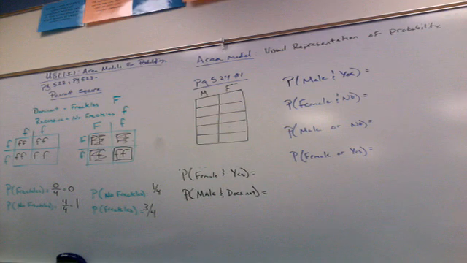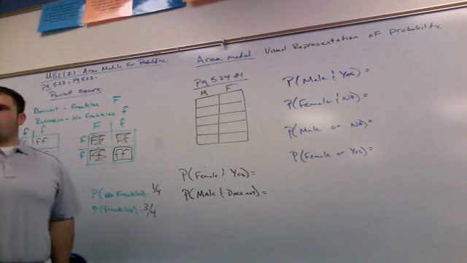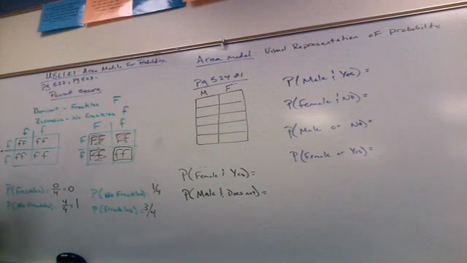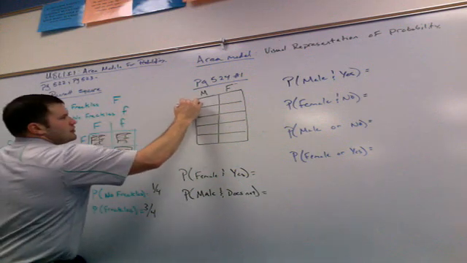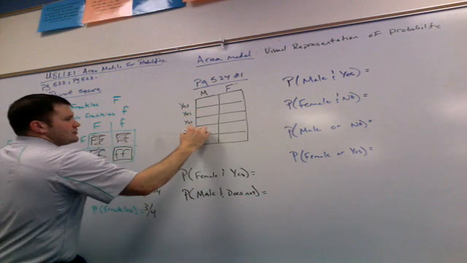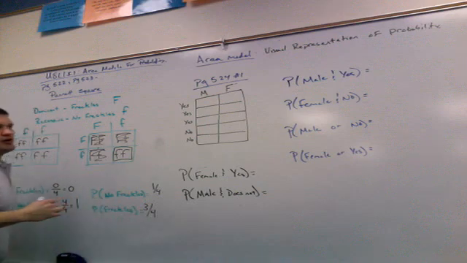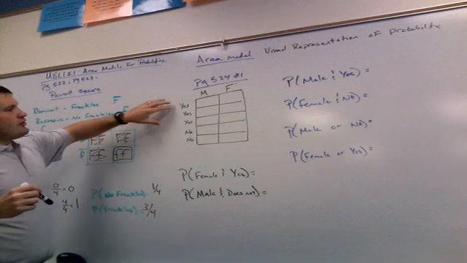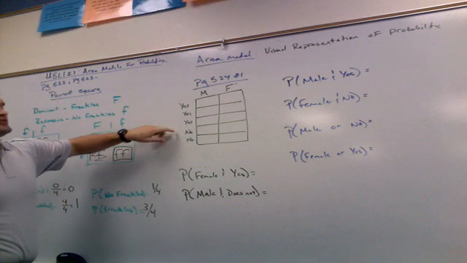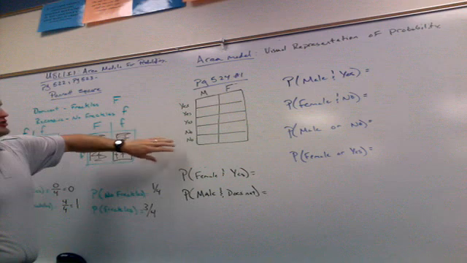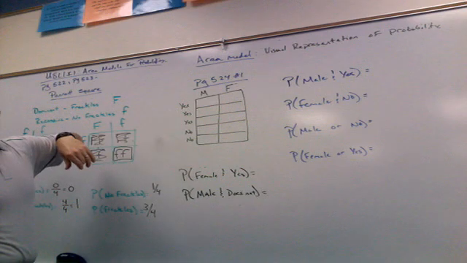If I use yes to denote sing in the shower and no to say they do not, how many rows need to be labeled yes? 3. And then 2 are no. So, what this shows us, Michael, is that 3 of the 5 rows are yes, 2 are not. So that means 3 out of 5 people sing in the shower. 2 out of 5 do not. Okay, does that make sense?